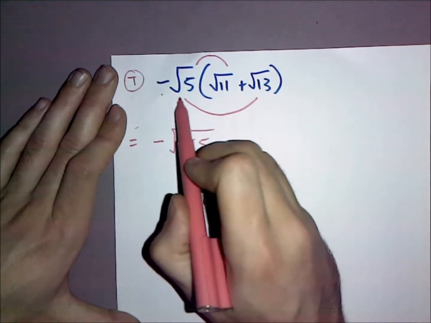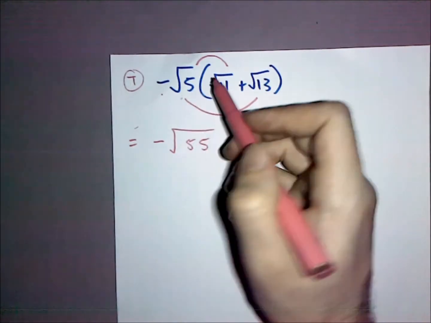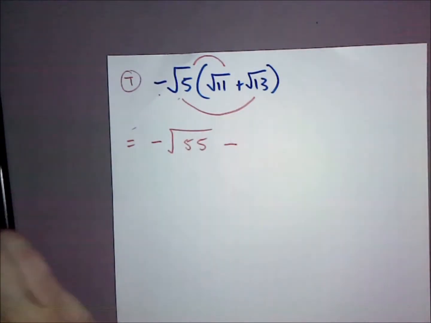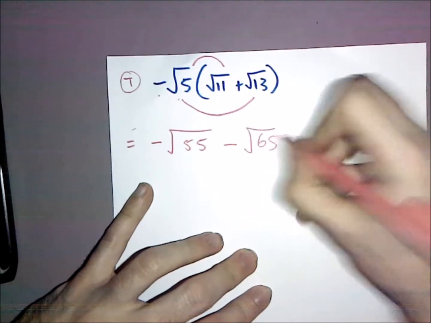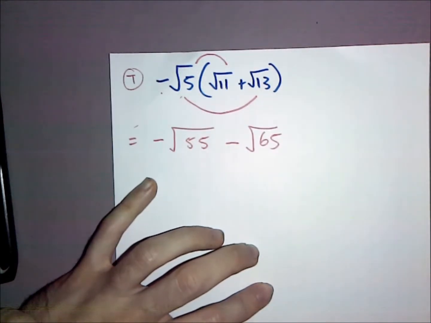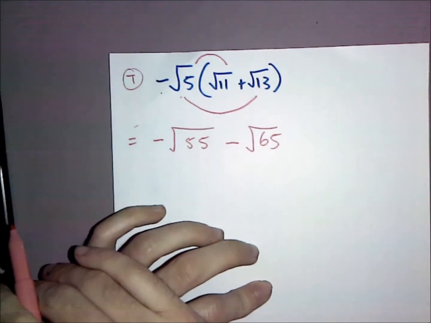So negative times a positive is a negative. Root 5 times 13. Sorry, the calculator, just check. So that's going to be square root of 65. Now, neither of these things can be simplified any further, so that is going to be your final answer.